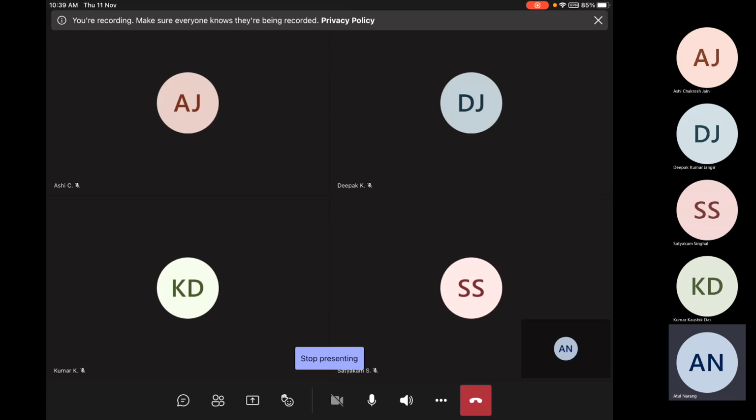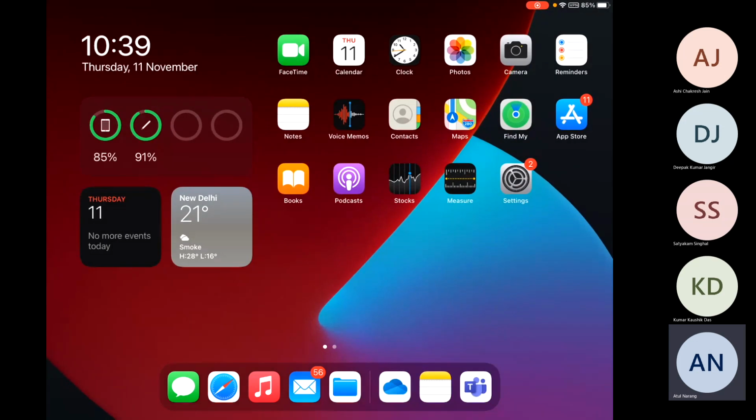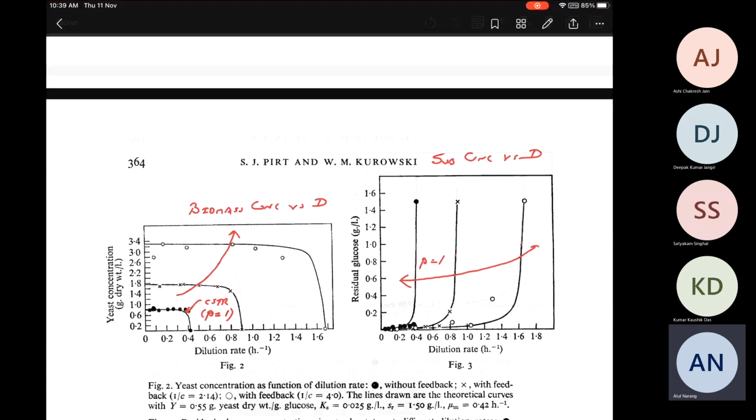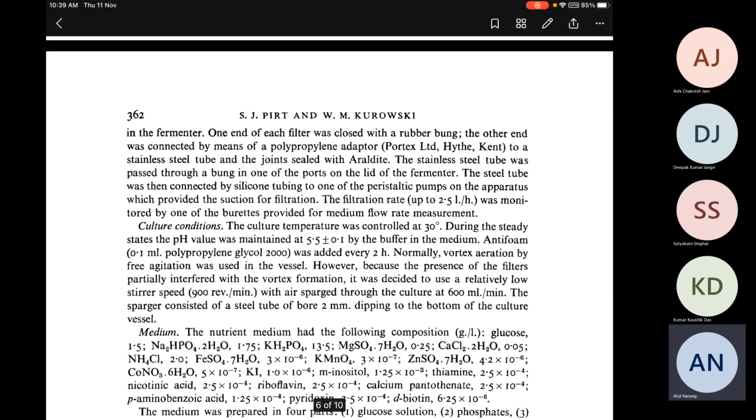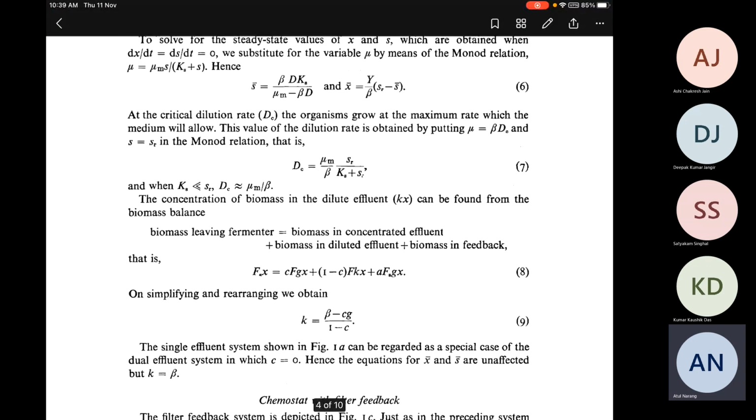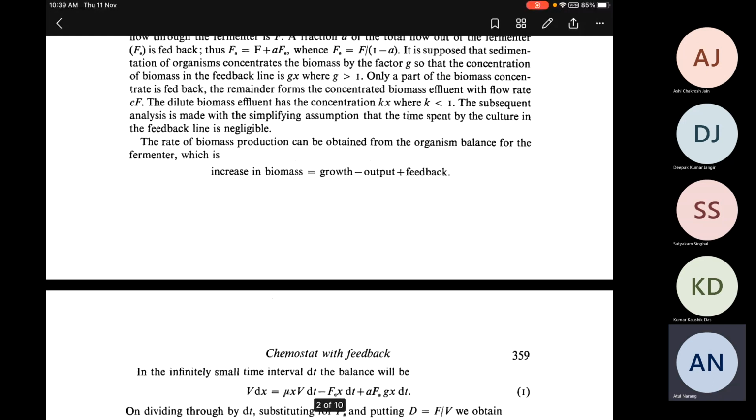If you did the same experiment with yeast, these cells are bigger. You would have to use a bigger filter. So, for example, this guy has used a filter. He reports it. This is the data that I just showed.